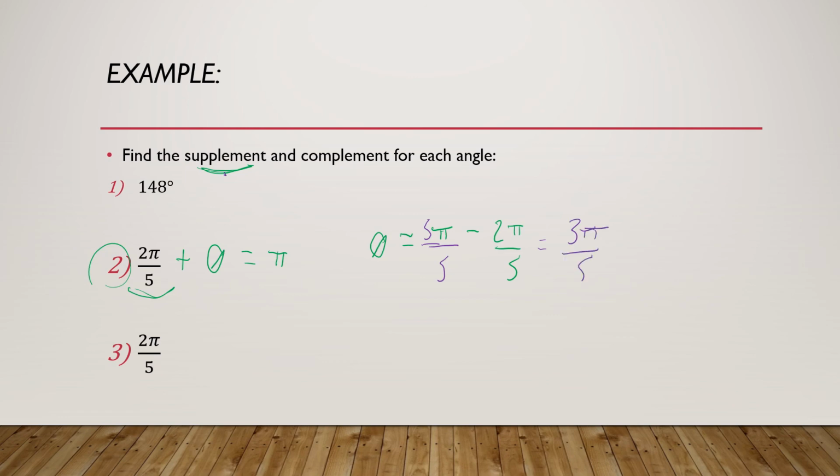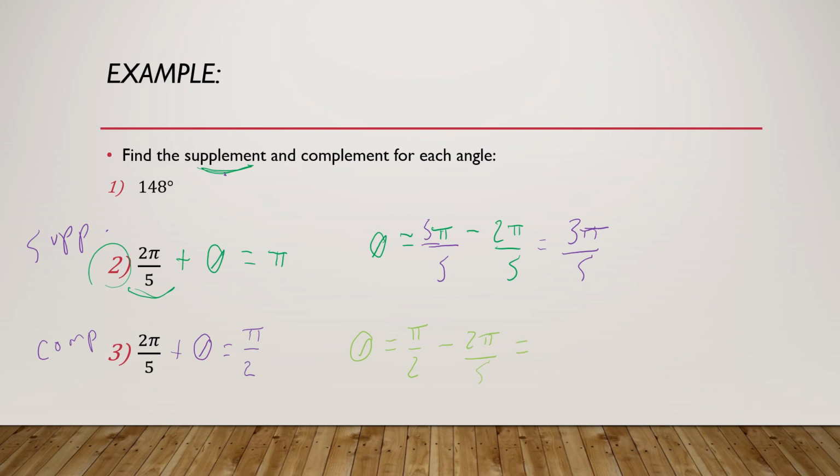Alright, so this was supplement. And if we're going to do the complement, we're looking for 2 pi over 5 plus some angle equal to pi over 2. That's the same thing as 90 degrees. And likewise, we can find that if we subtract and say pi over 2 minus 2 pi over 5.